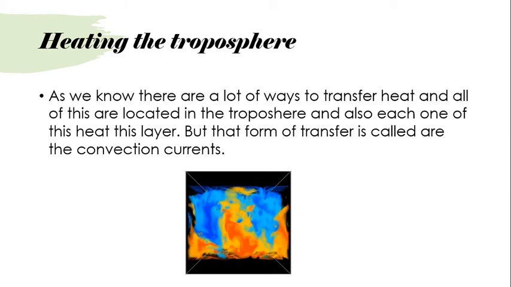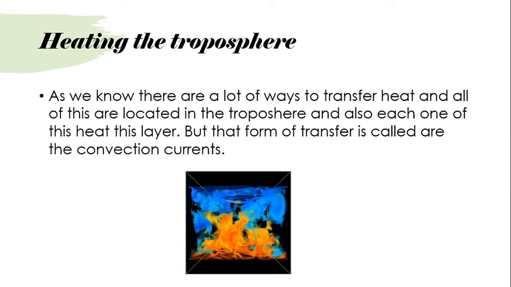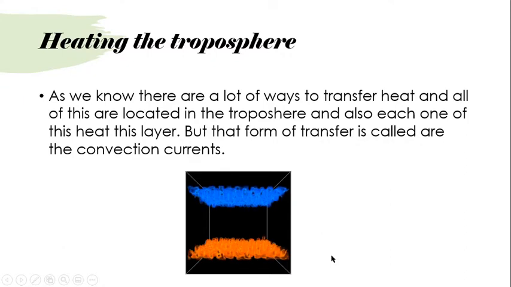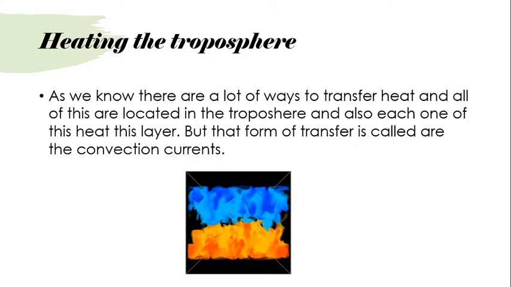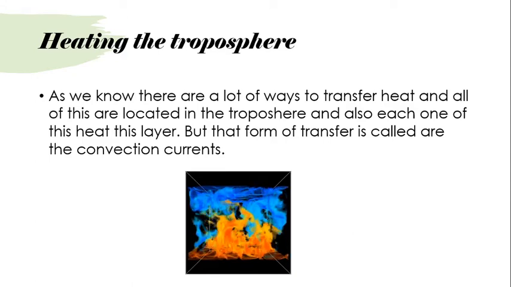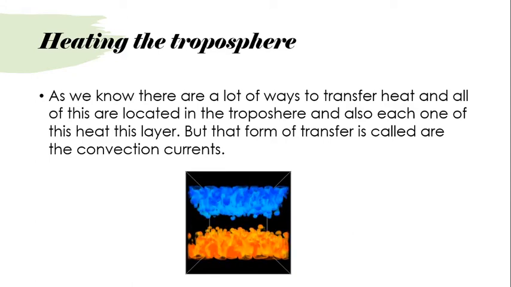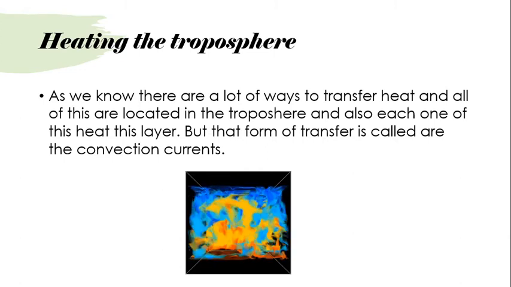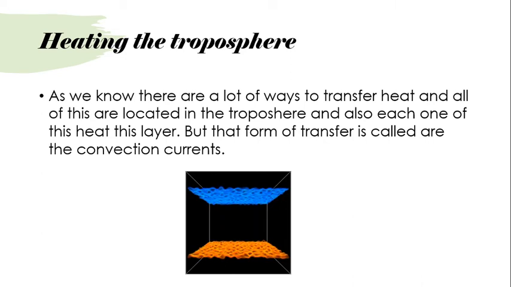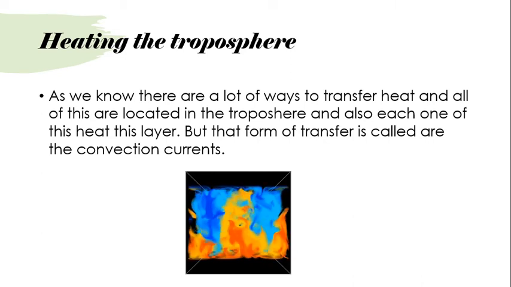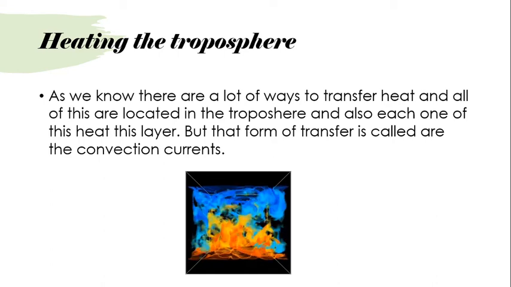But not only the usual forms that we see here, that are the convection, conduction, and radiation, but this form is called the convection currents, that we can see the blue fire and the orange fire that are moving and creating some currents that create heat.